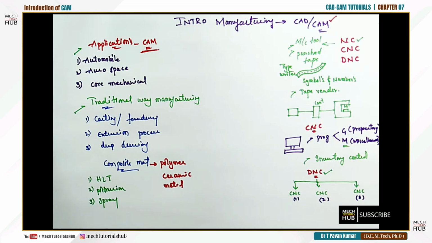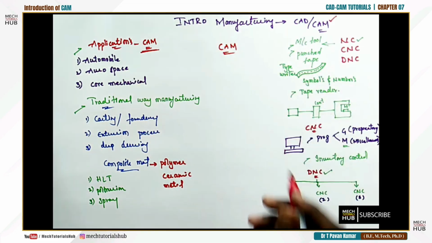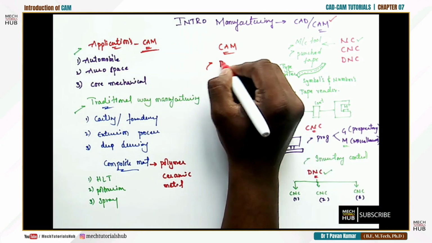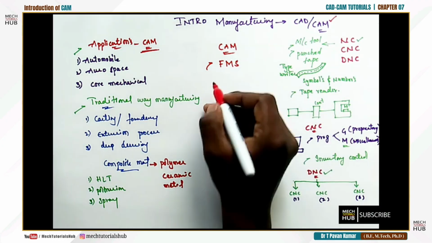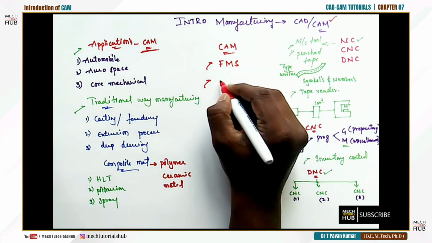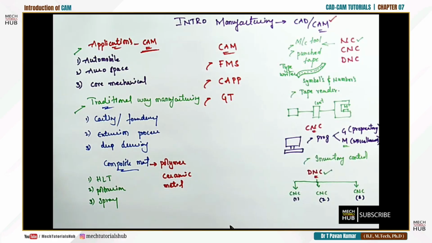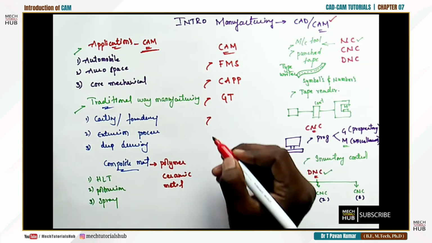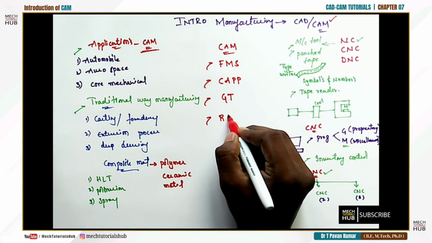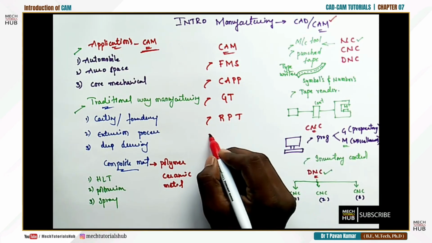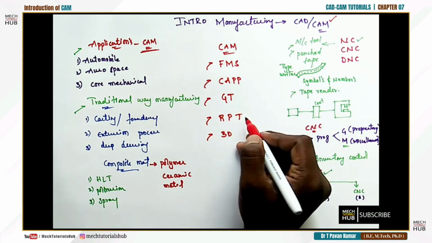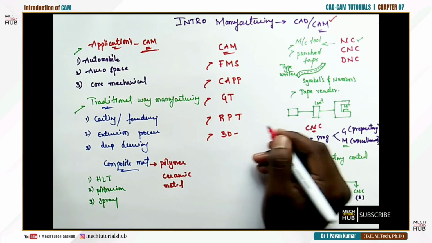Now if you talk about new technologies, first and foremost thing related to CAD CAM, whichever the syllabus belong to, maybe whichever the university, but in general you have topics like flexible manufacturing system, FMS, and topics like computer aided process planning, what is group technology and methods classifications, and you have topics like rapid prototype technology, and you have topic like 3D print.